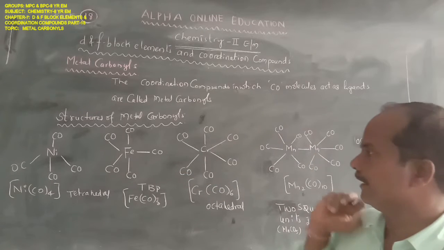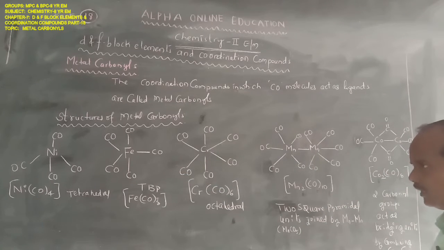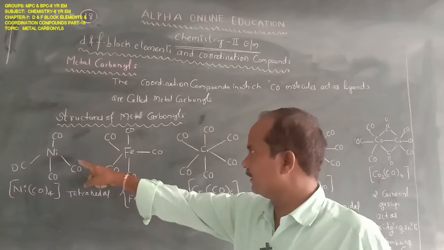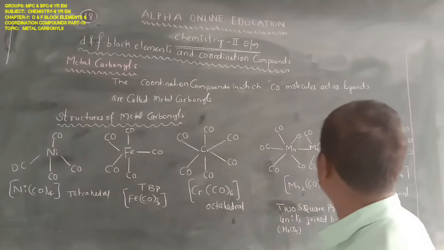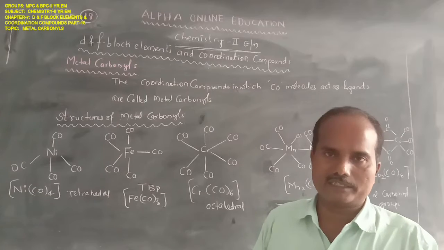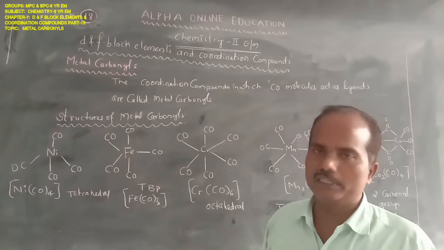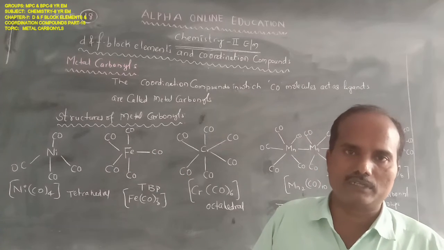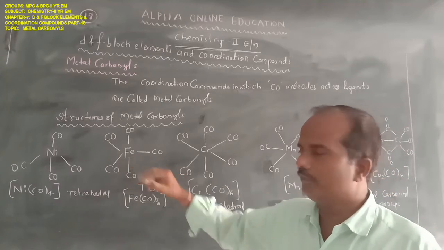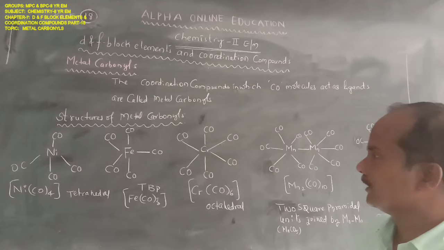Nickel, iron, chromium, manganese, cobalt are the central metal atoms, which have empty or partially filled d orbitals.